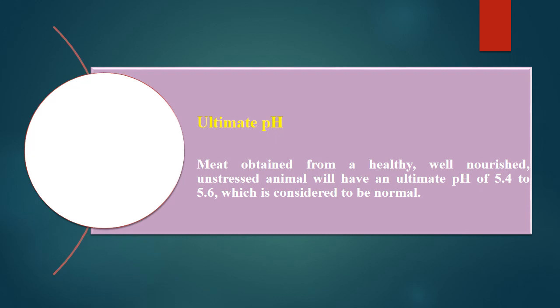Meat obtained from a healthy, well-nourished, stress-free animal will have an ultimate pH of 5.4 to 5.6, which is considered to be normal. So this ultimate pH has an important role in the final quality of meat. After this stage there will be slow changes during aging, and slowly this pH goes up. So this ultimate pH is very important in quality, and we are going to discuss more about pH in the next lecture.